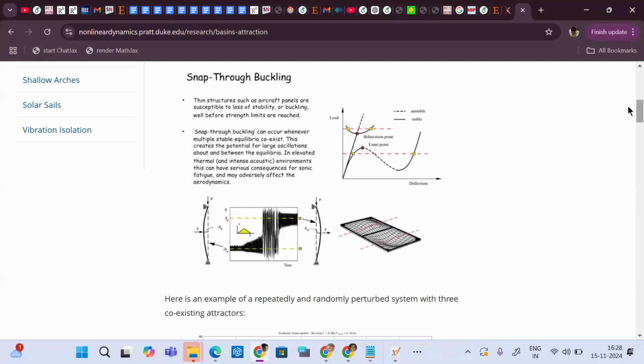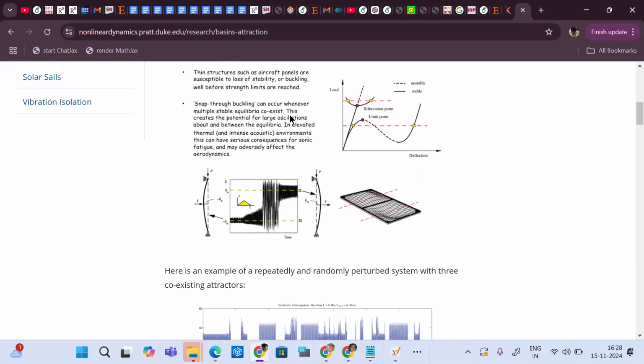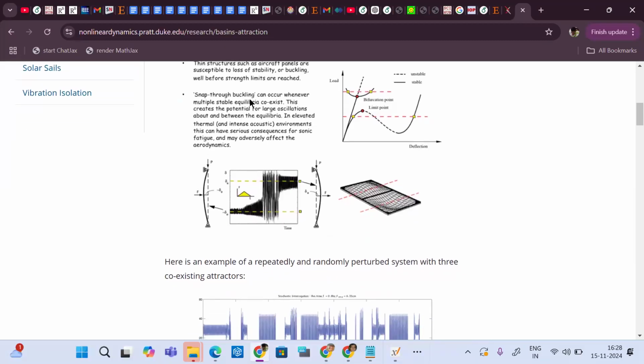The same thing happens in mechanical systems. Thin structures such as aircraft panels are susceptible to loss of stability, or buckling, before strength limits are reached. You can see this snap through buckling phenomenon in aircraft.